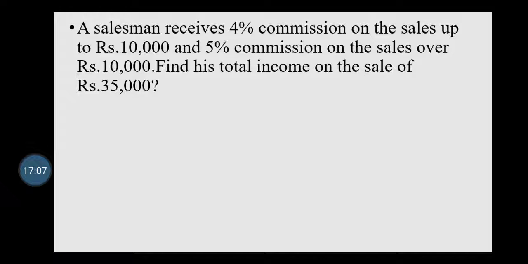Listen, here first you should find the 4% commission on 10,000, and then you should subtract 10,000 from the total sale, that means from 35,000. Then you will get 25,000. Means you should calculate in this question 4% commission on 10,000 and 5% commission on 25,000. Okay, then you will get the correct answer.